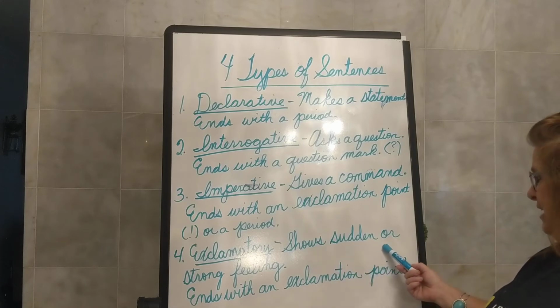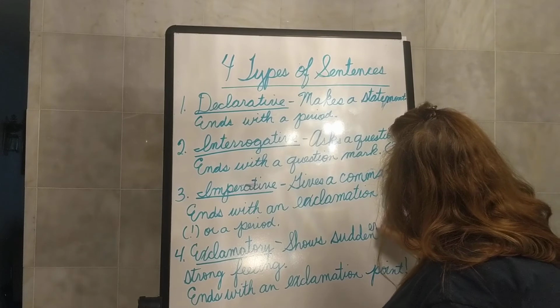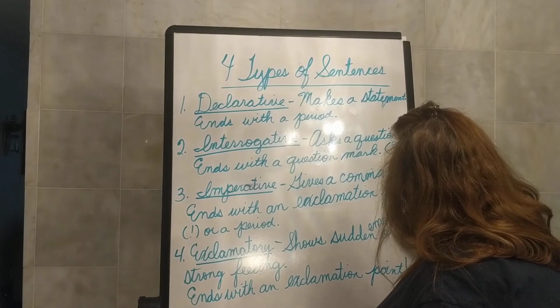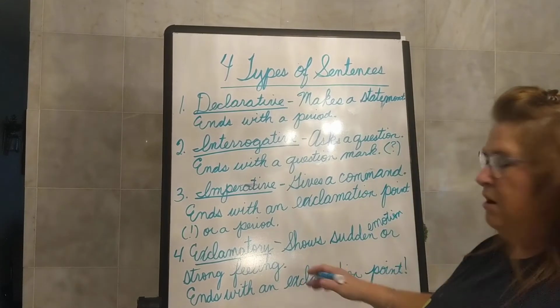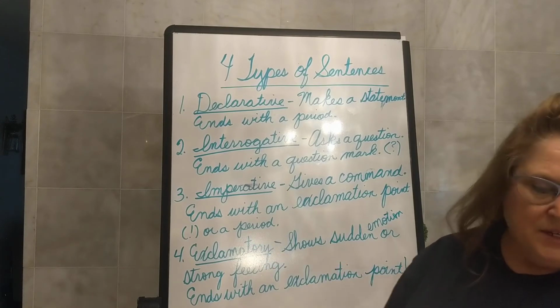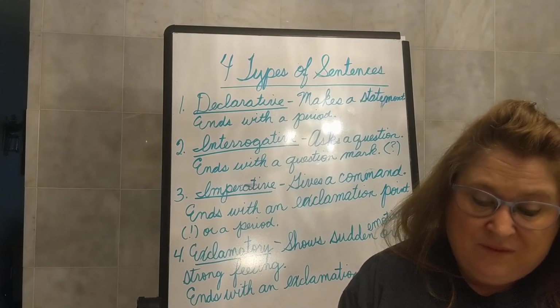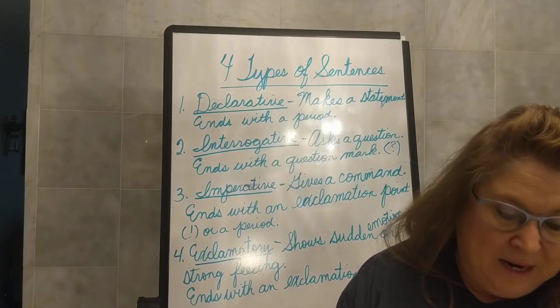It shows sudden emotion. I left the word out of there, guys. It shows sudden emotion or strong feeling. Very good. So that will be an exclamatory sentence. So write exclamatory on the line. You are going to finish 6, 7, 8, 9, and 10 by yourself.